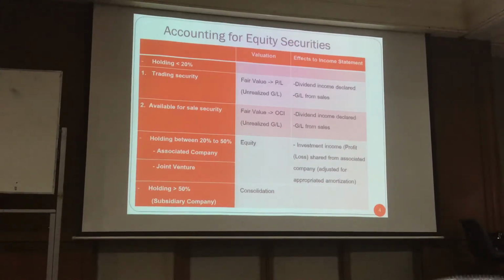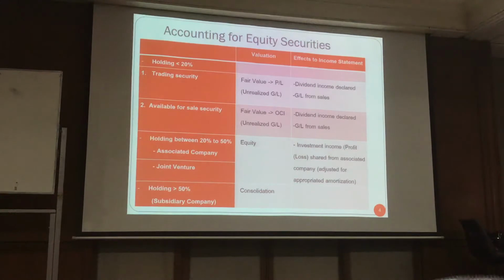Just like the example I gave last time, I hold about 48%, but I asked my driver to hold another 3%. So it means I have nominees. When you have nominees, it's quite obvious you can control them, even if you hold less than 50%.